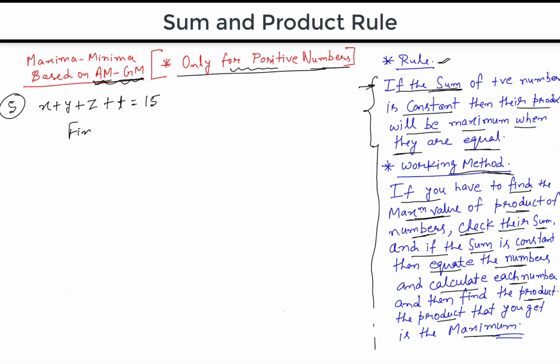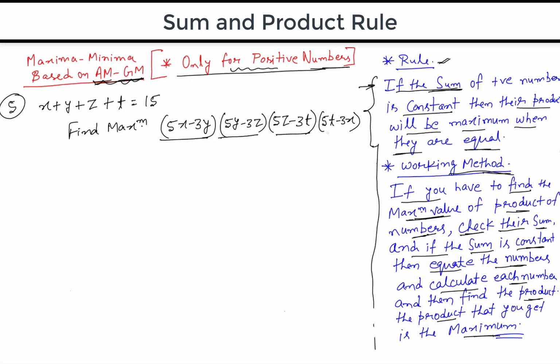Find the maximum value of 5x minus 3y into 5y minus 3z into 5z minus 3t into 5t minus 3x, right? So we have to find the maximum value of this product.